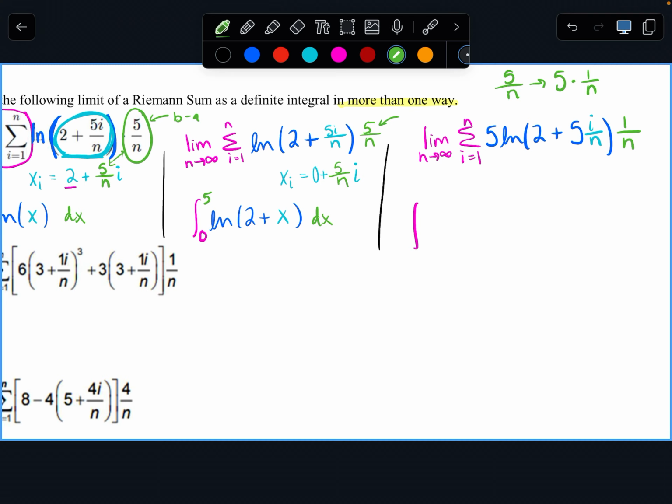Okay? Now because my widths have to match, I brought the 5 out of this guy too. So I brought the 5 down over here. So what I'm forcing to happen is I want my x sub I to be 0 plus I over n.